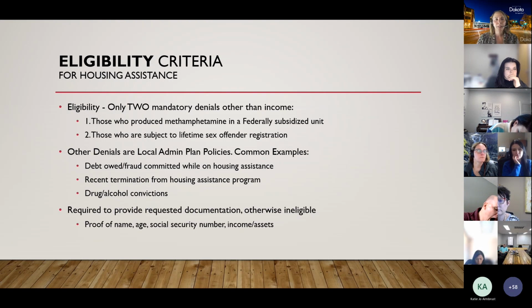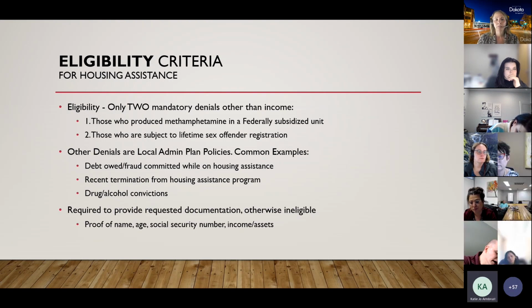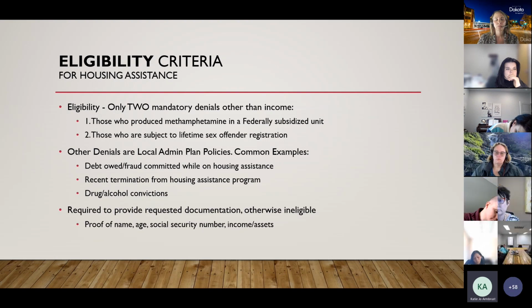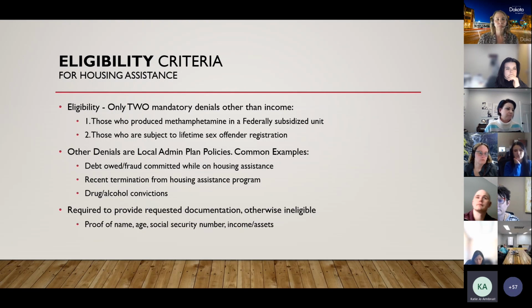And there's also an appeal process, correct? Yes. Again, it can look different at each housing authority, but if there is a denial of housing assistance, there's an opportunity for an informal review. That's for the individual or family who's seeking housing assistance.